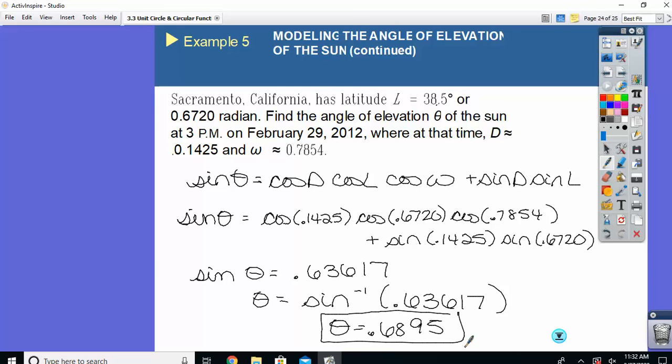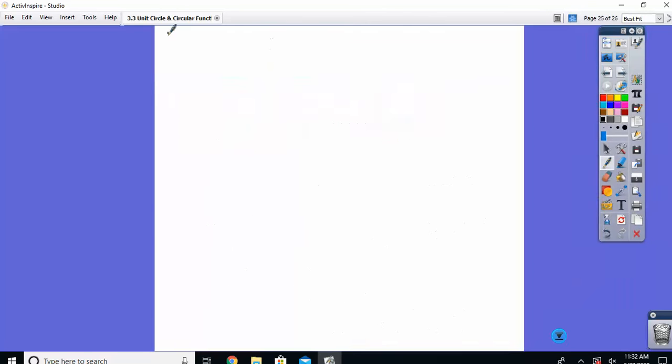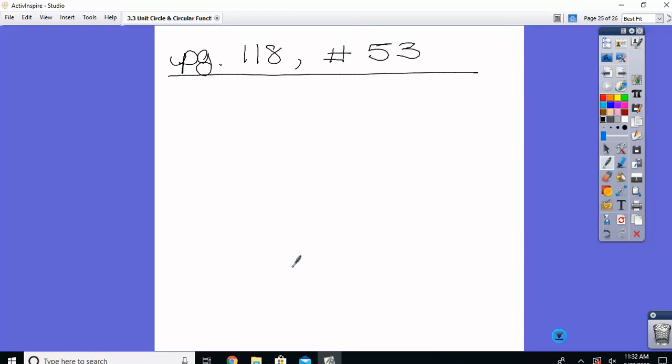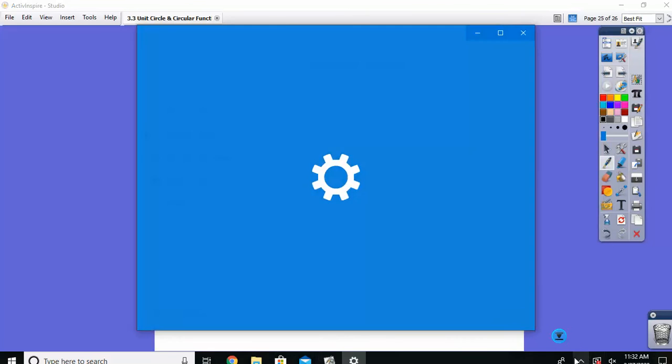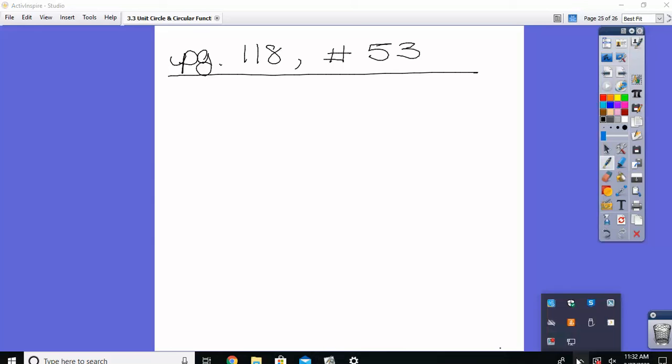I want to actually look at a problem in the book next. I want you to turn to page 118, look at number 53. Take a second and see if you can figure that one out. Alright.